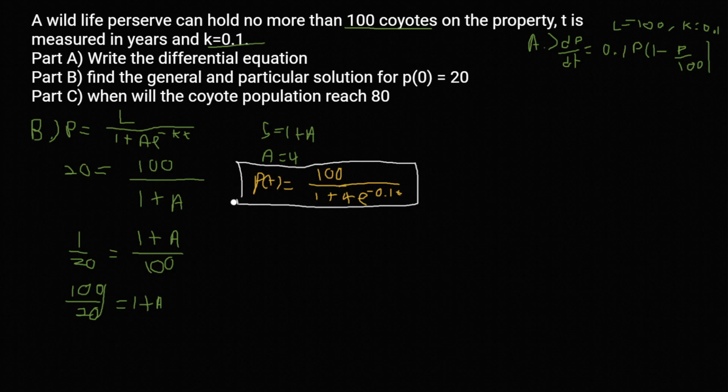And we can do very similar work here for 80. So we know that the population won't reach above 100 because that is the horizontal asymptote. But we want to see when it's going to reach 80. So let's do basically the exact same thing we did over here.